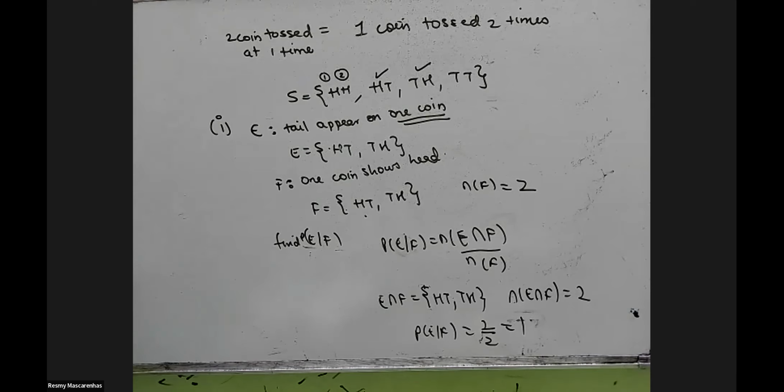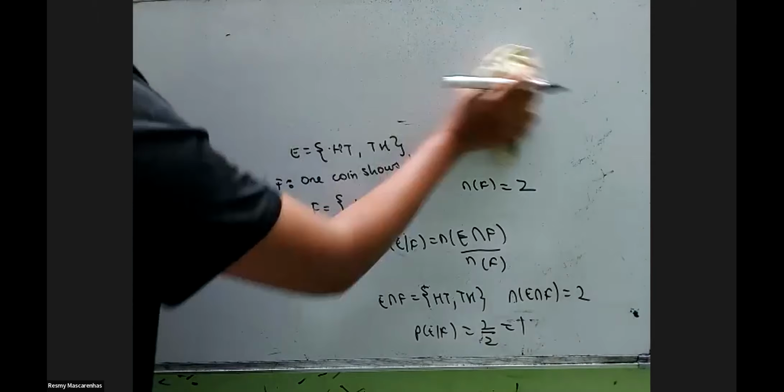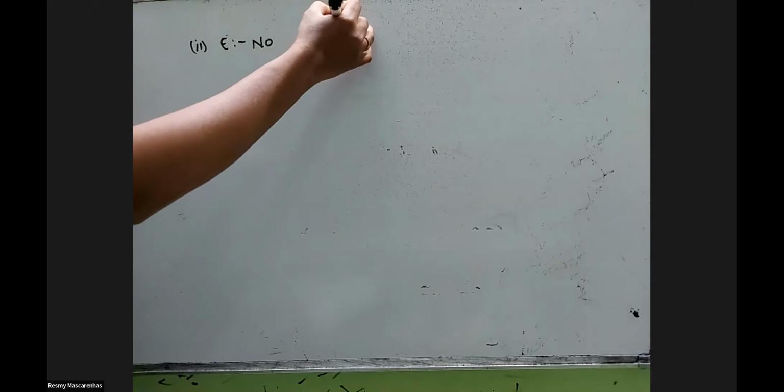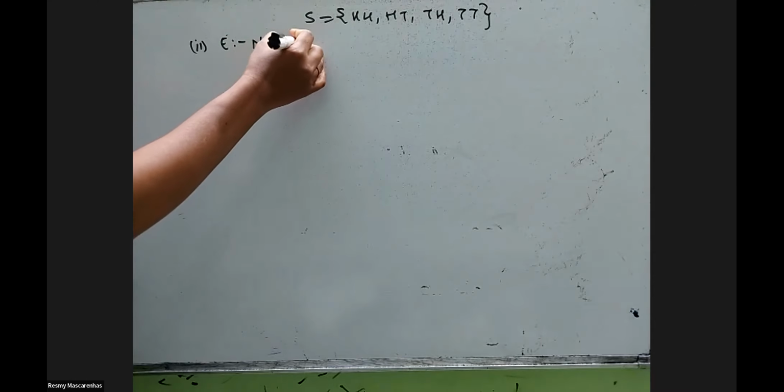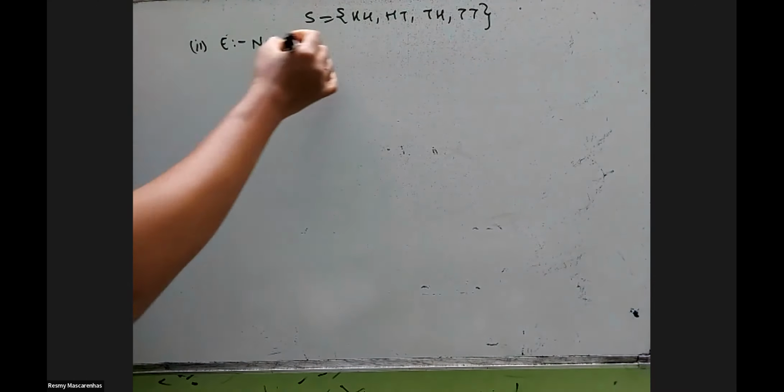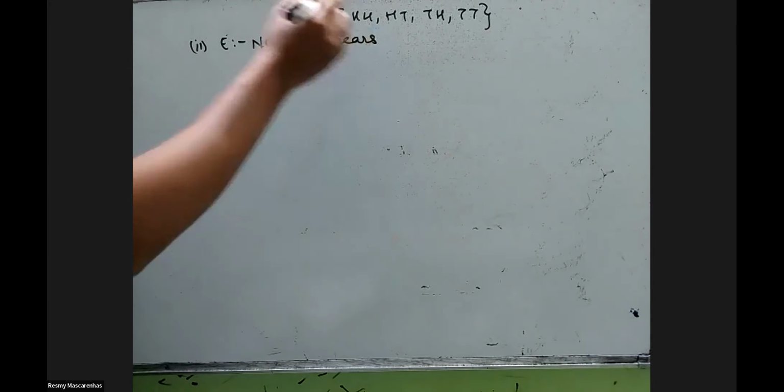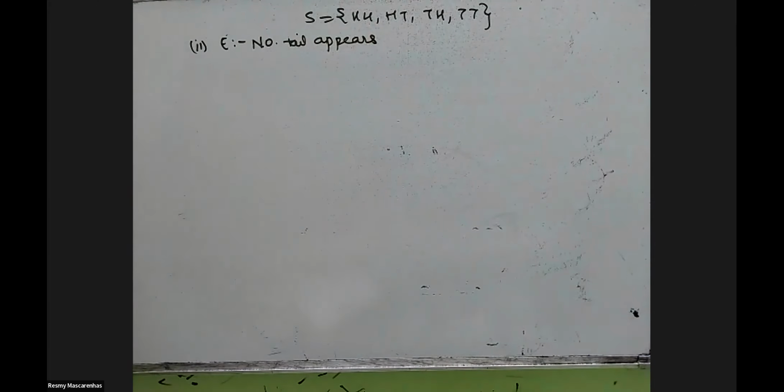Then the second question. In the second question, the sample space remains the same: head-head, head-tail, tail-head, tail-tail. E says no tail appears, so there should not be any tail.